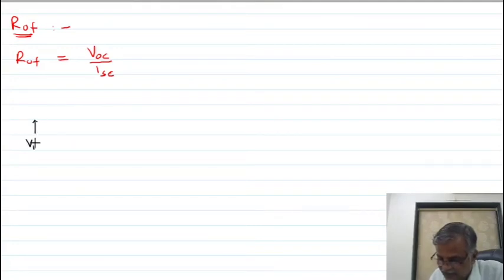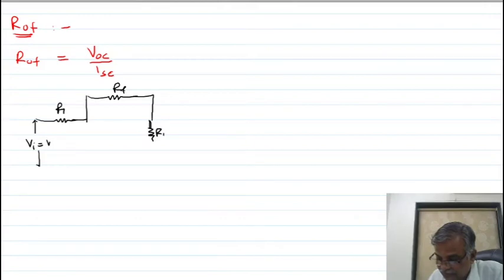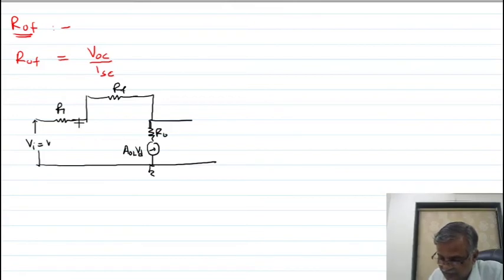This is your VI, this is your R1, the previous diagram I am showing you. This is your RF, this is your RO, this is your AOL VD, this is the ground, and you have written VD if you remember this.